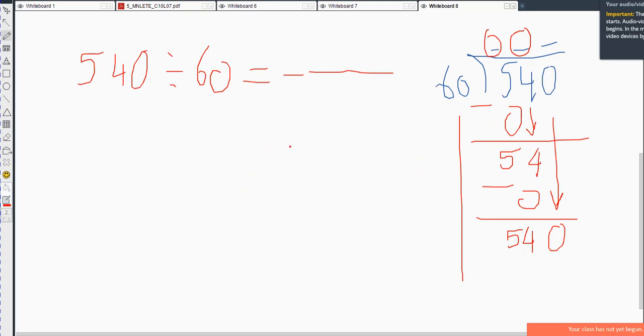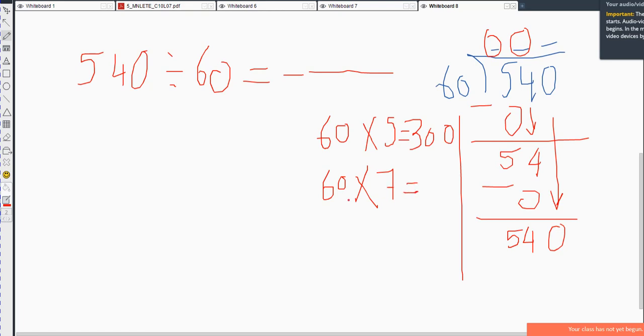Let's multiply 60 by what to get the nearest number to 540. 60 multiplied by, let's say, 5. 0 multiplied by 5 equal 0. 6 multiplied by 5 equal 30. 300. We didn't reach it yet. So multiply by 7. 0 multiplied by 7 equals 0. 6 multiplied by 7, 42.